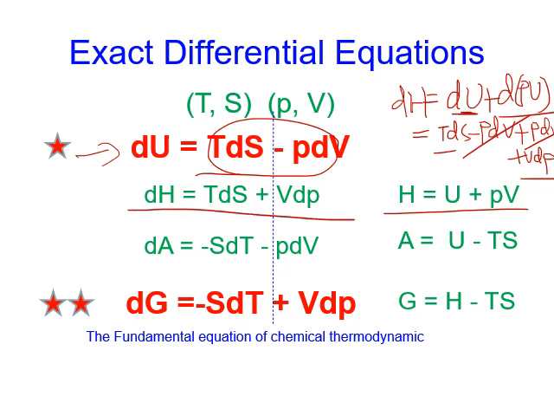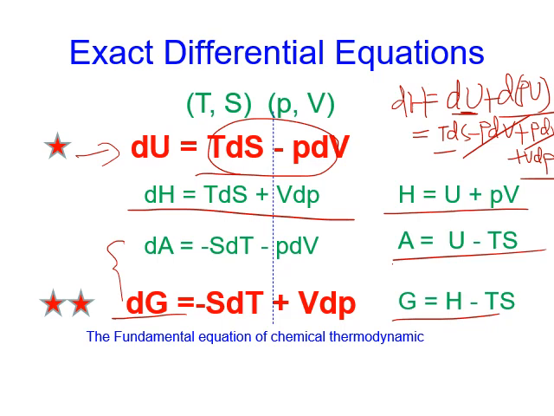Similarly, if we start with the definitions of Helmholtz energy and Gibbs energy, we can get two more differentials. The last one is about the Gibbs energy, and this equation is so important that it is called the fundamental equation of chemical thermodynamics.